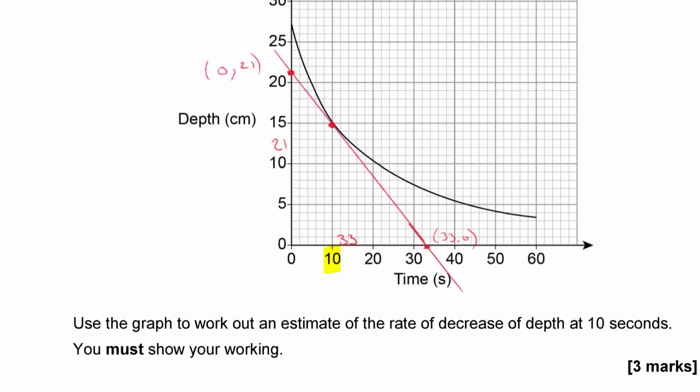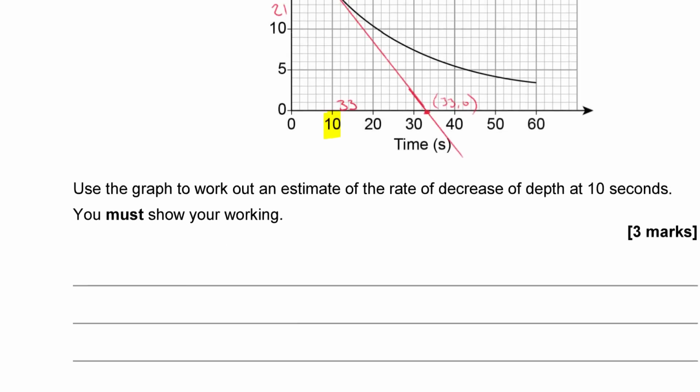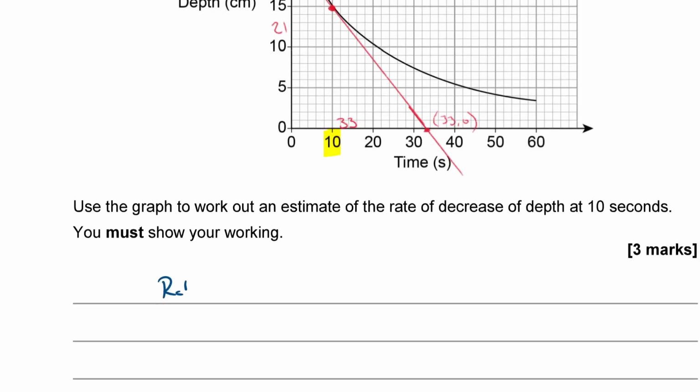So then the rate of change is change in y, 21, well actually it's minus 21 because it's going down, divided by the change in x, 33.